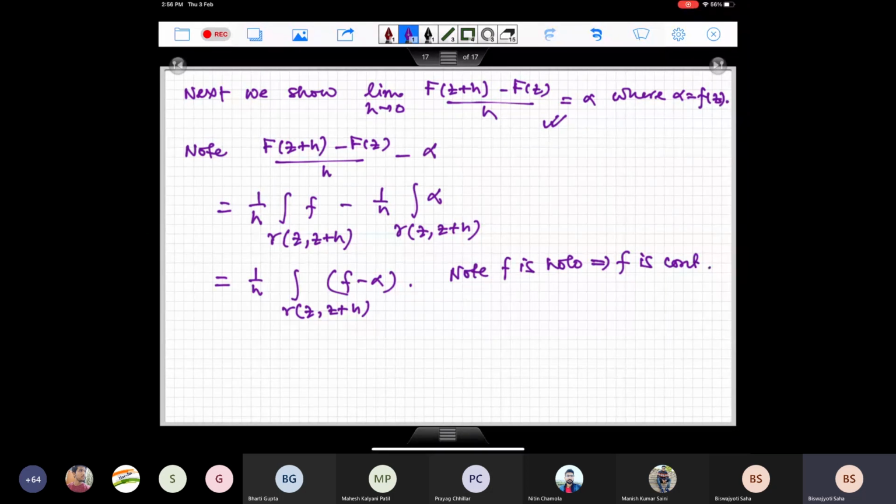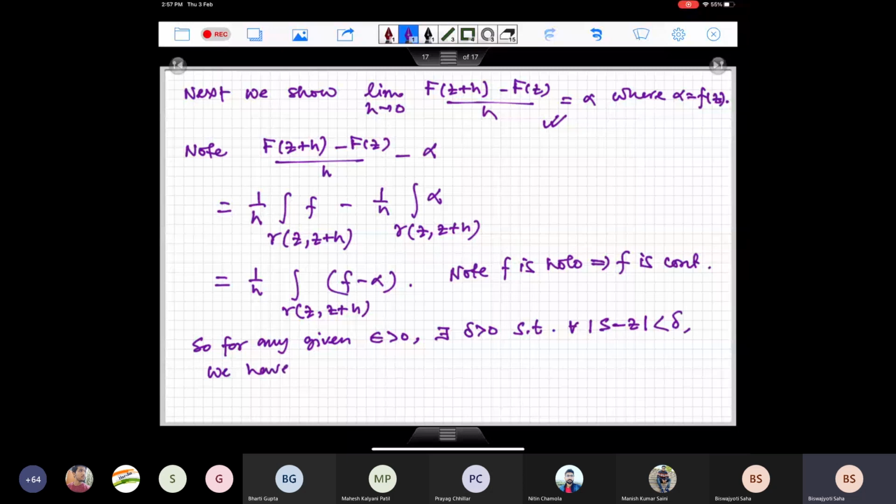Once f is continuous, what do I get? For any given epsilon positive, there exists delta positive such that, this time I write a different variable s, for all s with mod of s minus z less than delta, we have mod of f of s minus f of z, which I write as alpha, is less than epsilon.